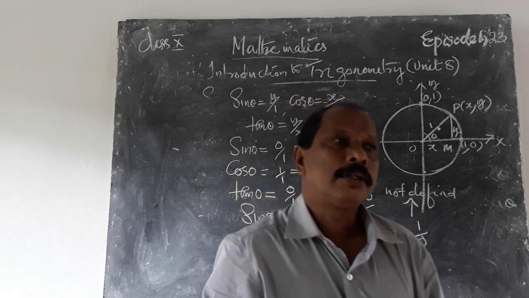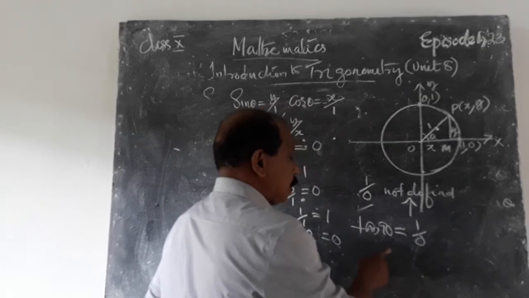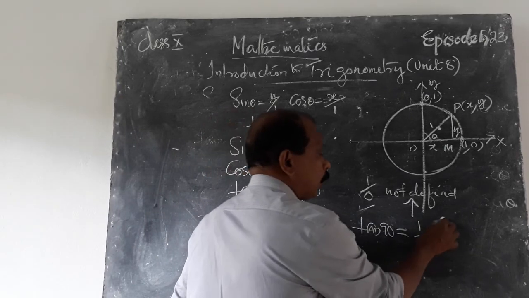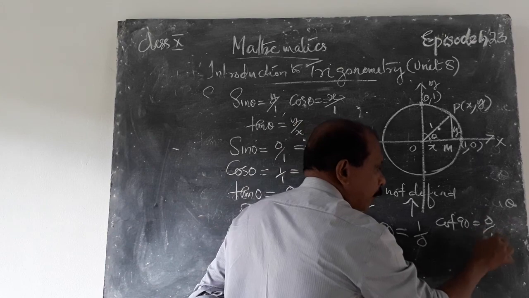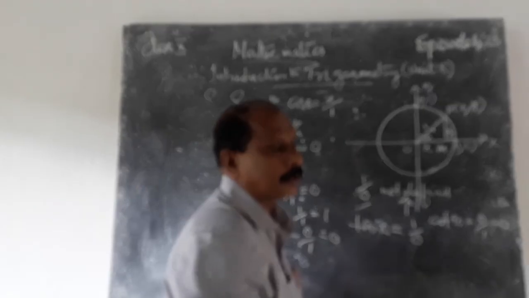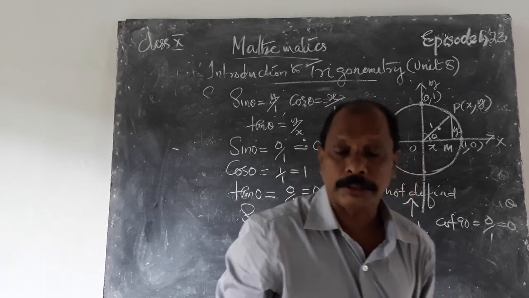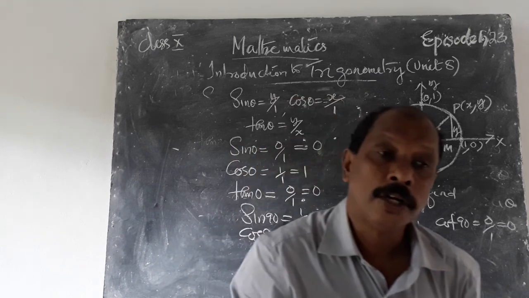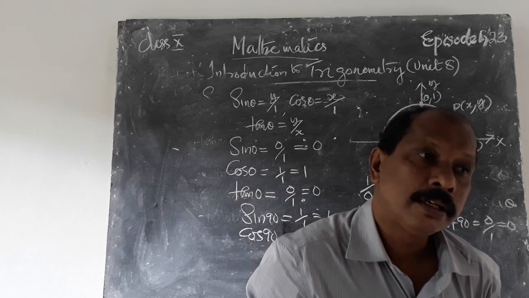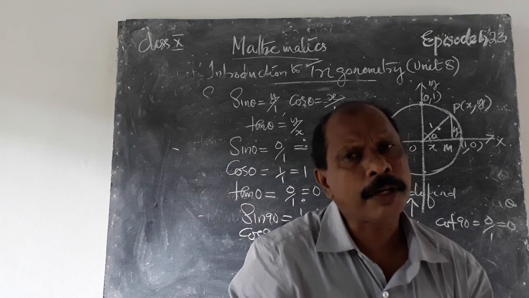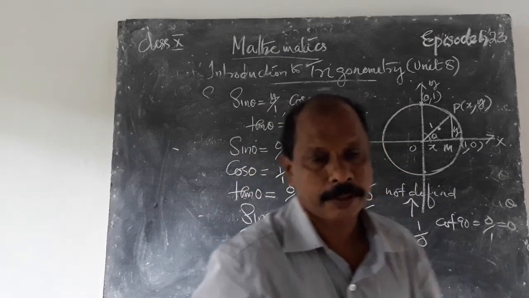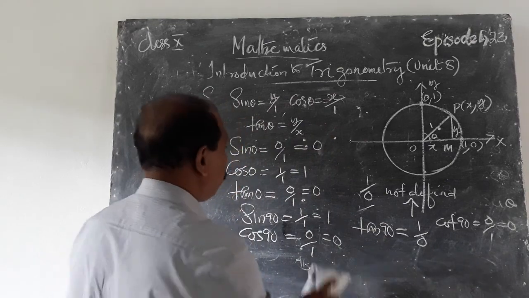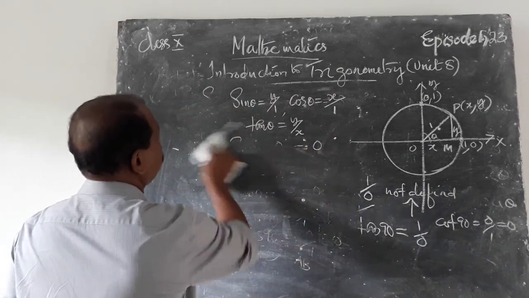Cosec 90 is 1, sec 90 is not defined, but cot 90 is the reciprocal of tan 90, 0 by 1, which is 0. These are the results for the trigonometric functions.